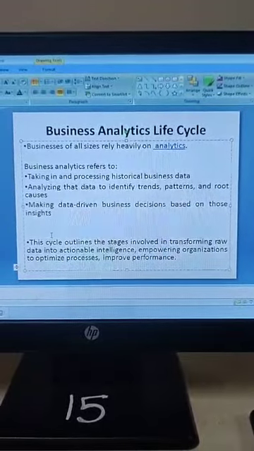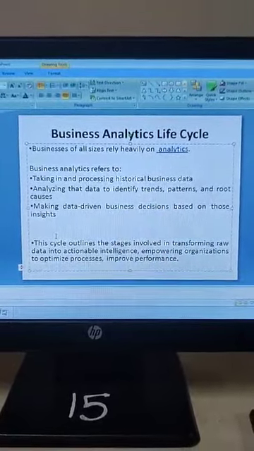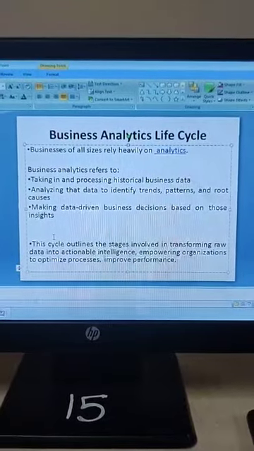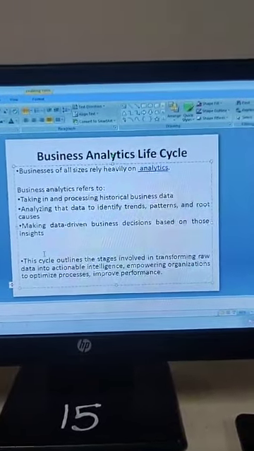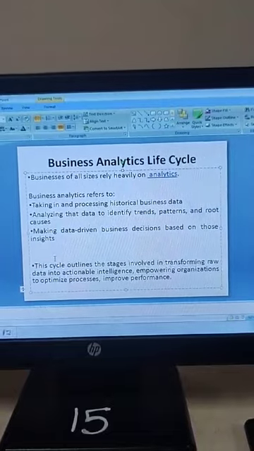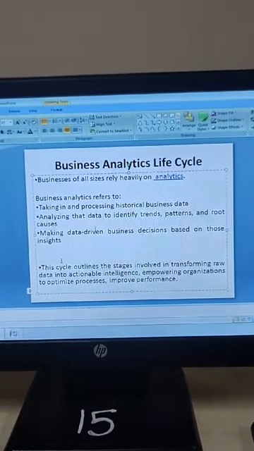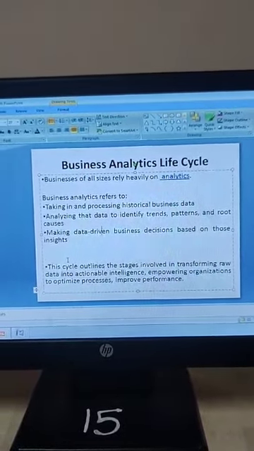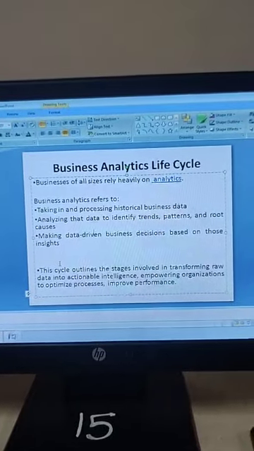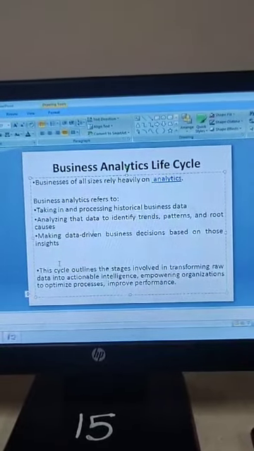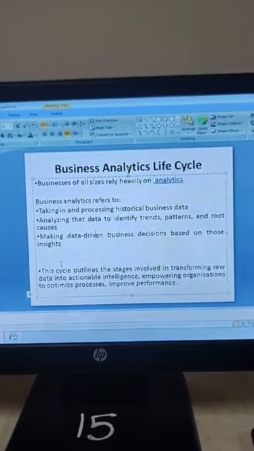And see the next statement: analyzing that historical business data to identify trends, patterns and root causes. Trends means business trends, because business trends may change.